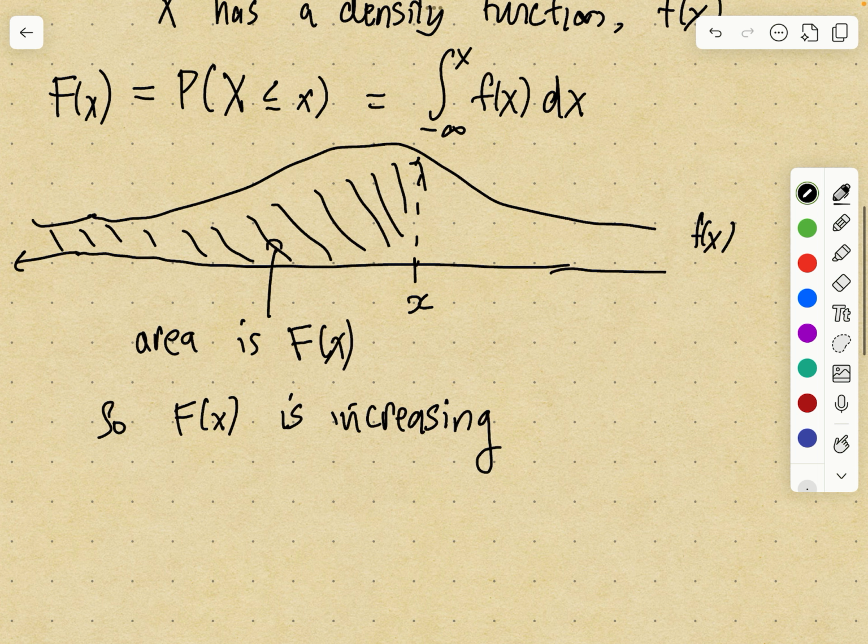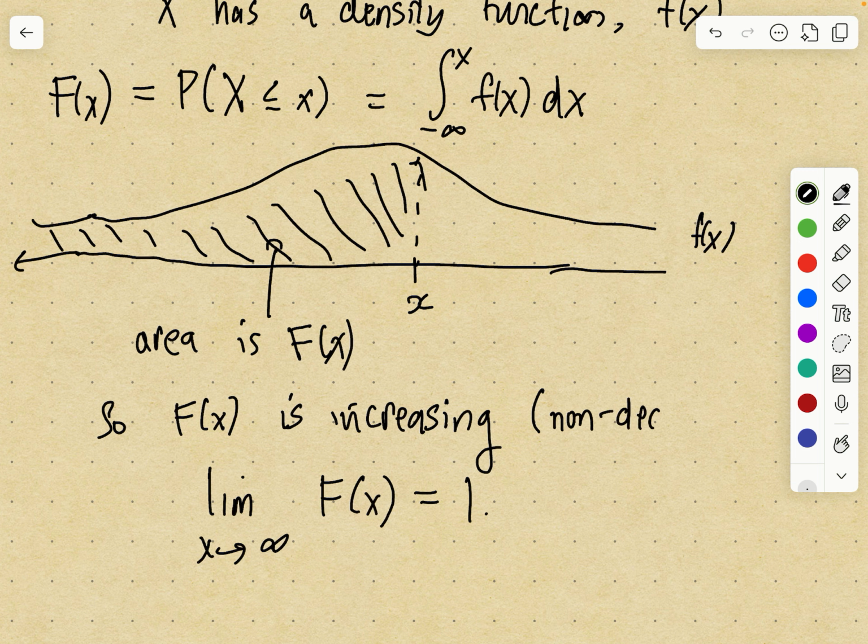And so the limit as x goes to infinity of capital F of x is going to be 1. Or actually, when we say it's increasing, I mean it could be stable, but it doesn't decrease. Right.